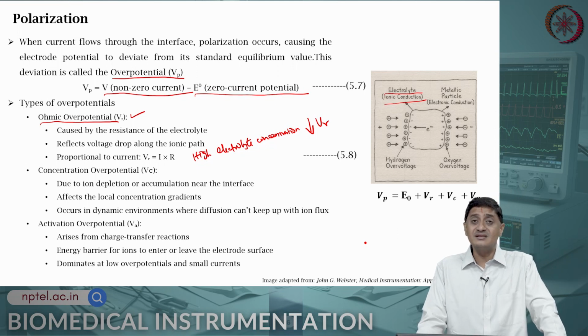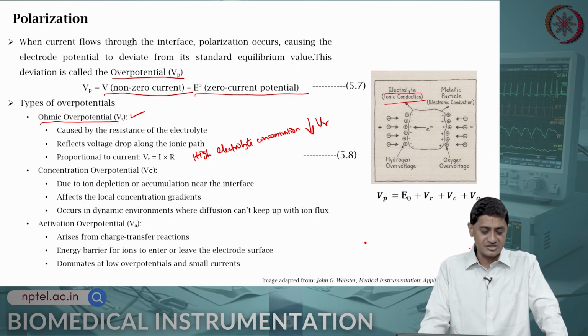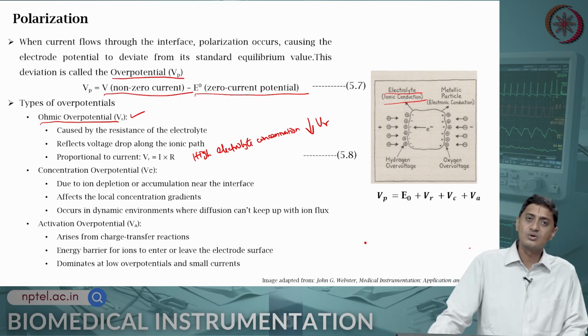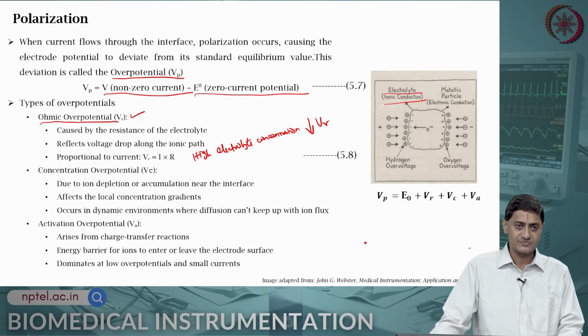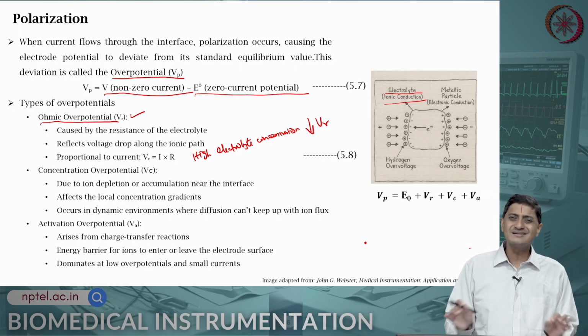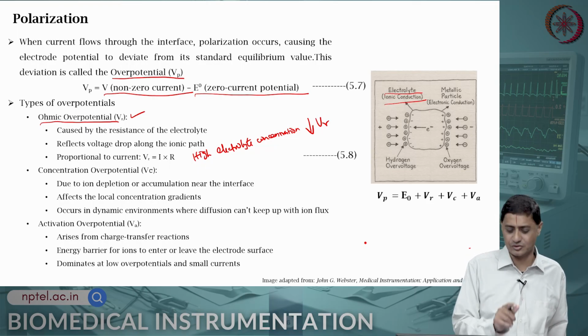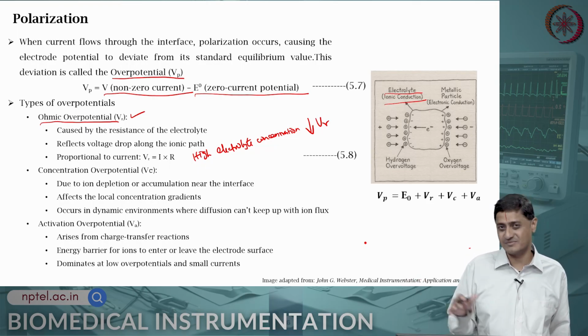The other is the over potential that is caused due to concentration. When there is a depletion or accumulation of ions near the electrode electrolyte interface, there is a change in the concentration gradient that happens locally near the interface, not far away, not everywhere.